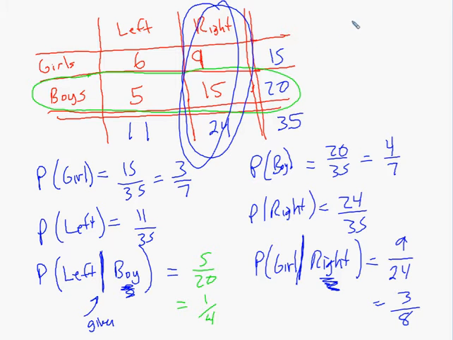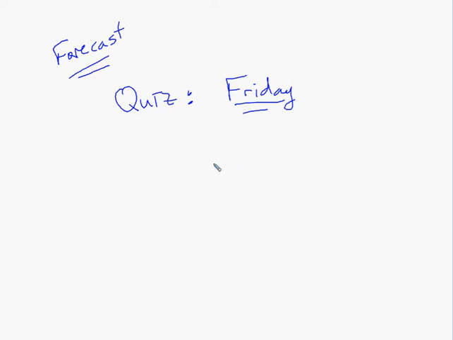Now, here is our forecast. Your last assessment quiz is Friday. If for some reason you decide that you must have a dentist appointment during school, or you need to go get your finger measured for a ring or some other dumb senior thing, and you're not going to be here Friday, conveniently during this class but conveniently after lunch.